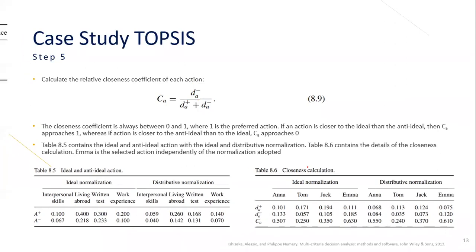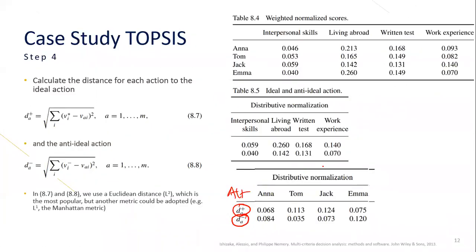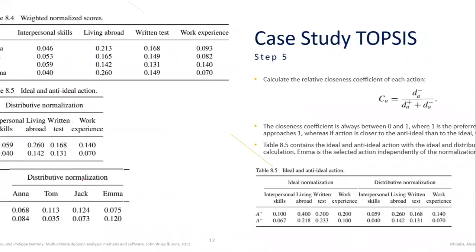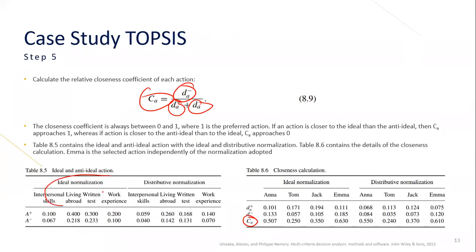Previously we only calculated for the distributive normalization. Here in the last example, we put both: we calculate the distance to the ideal and the anti-ideal for both normalization approaches.